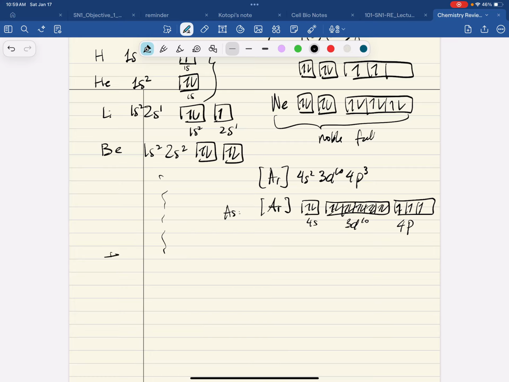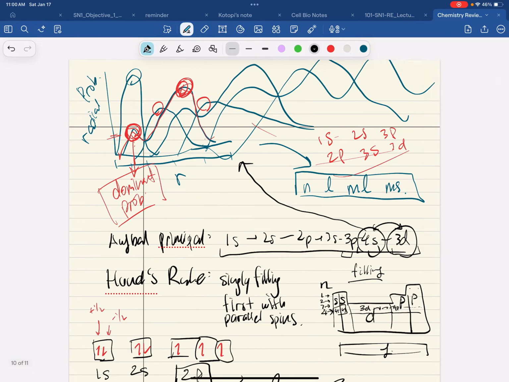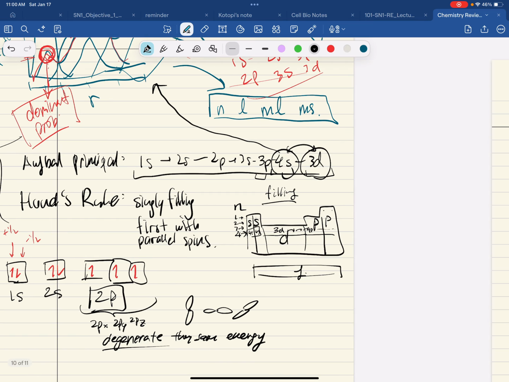Just a few important notes: chromium and copper are really particular. They have configurations that are a bit more special, but they're irregular, and they don't just follow the normal rules like the Hund's rule and the Pauli principle that we looked at.